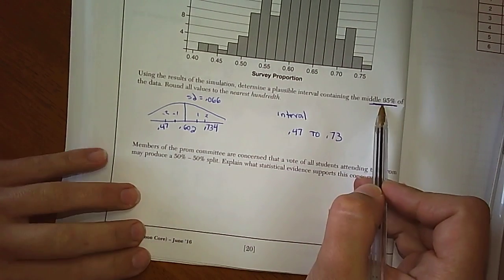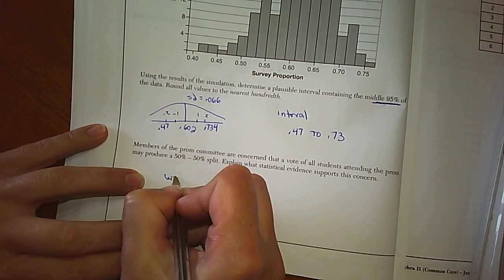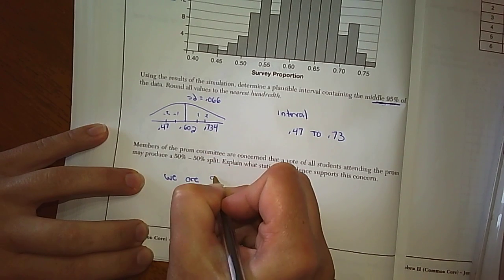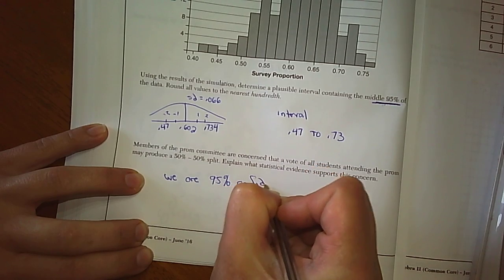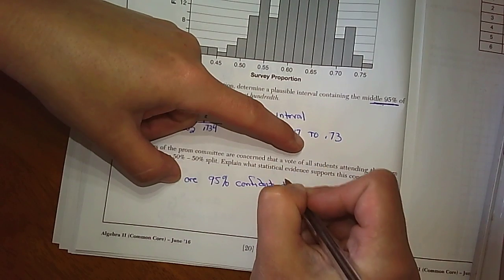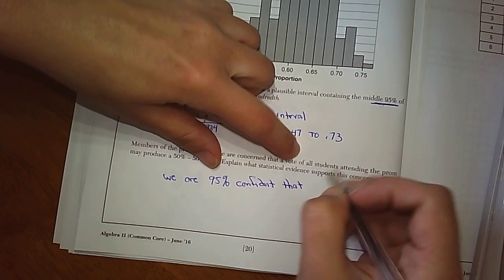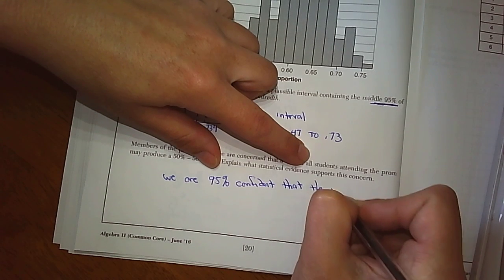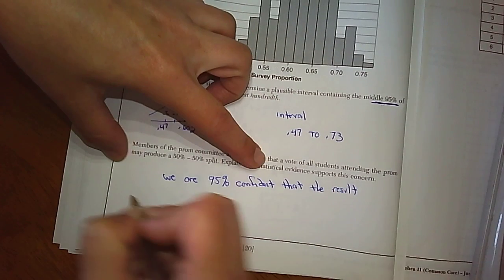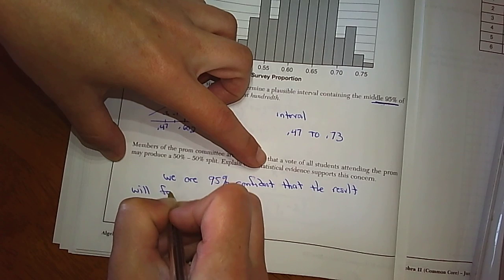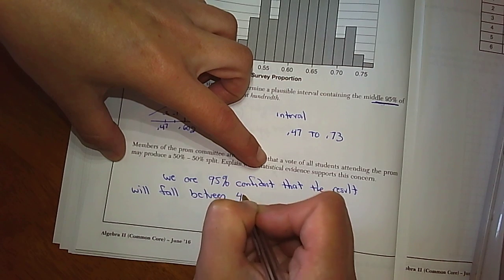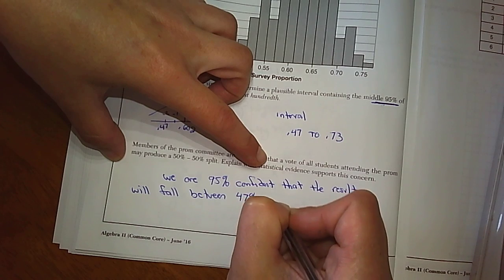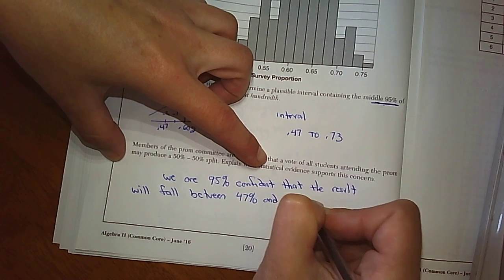Well, this 95% means we are 95% confident that the result will fall between 47% and 73%.